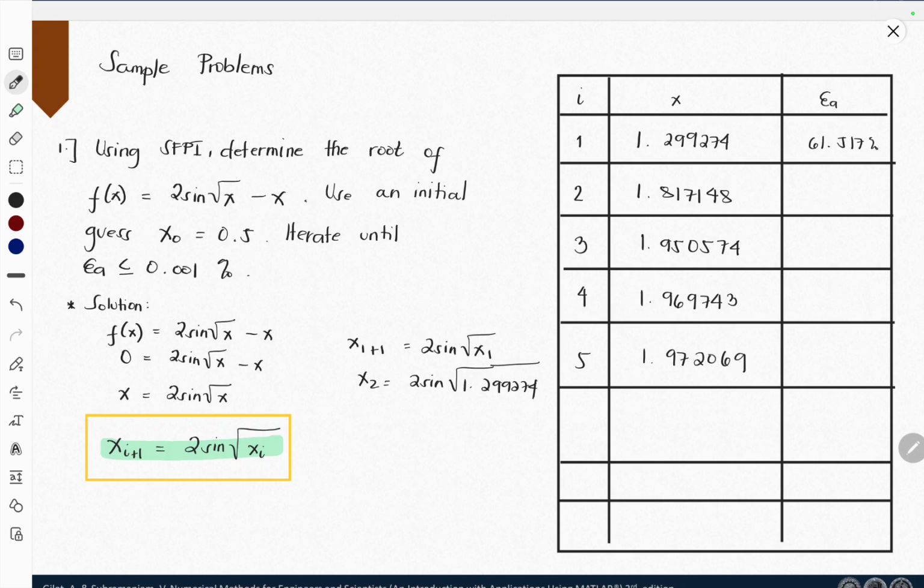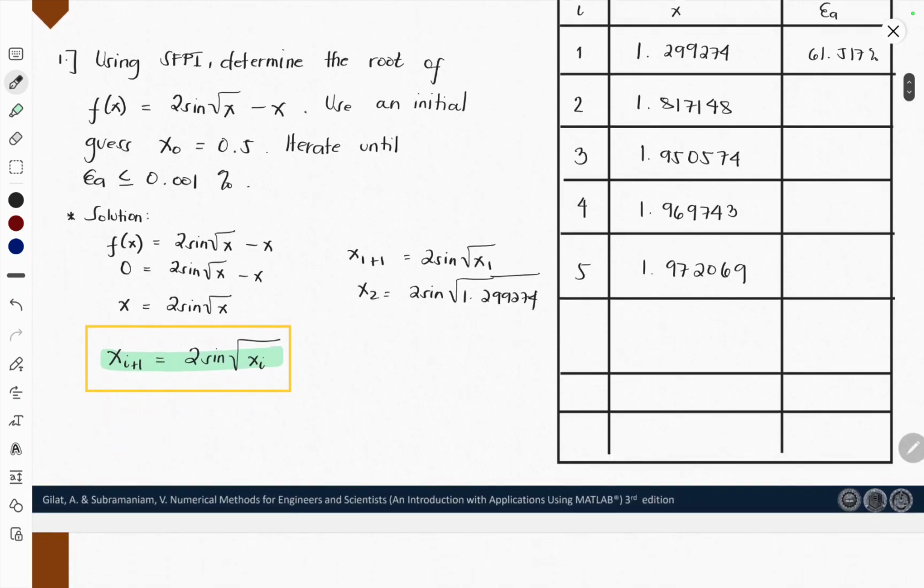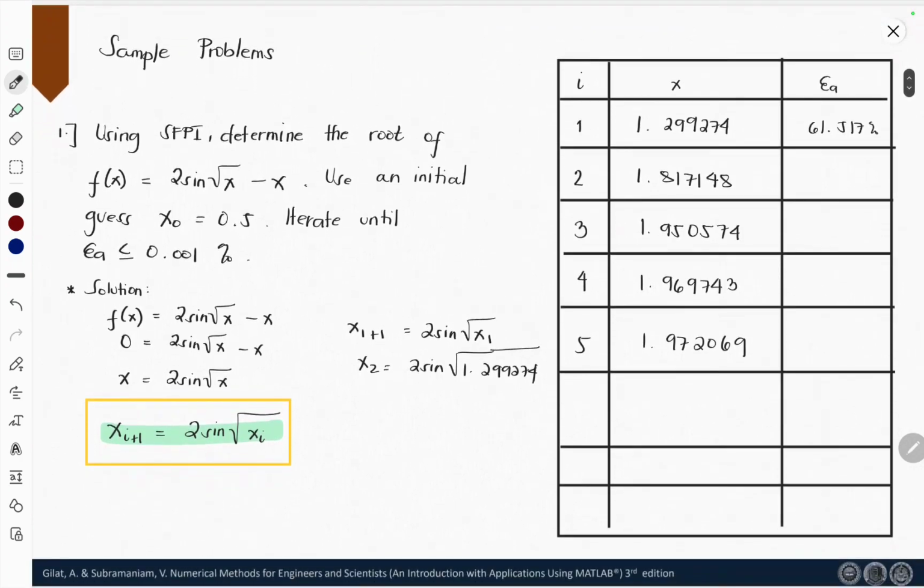For your sixth iteration, 1.972344. For your seventh iteration, 1.972377.